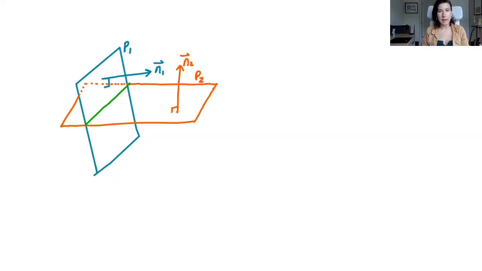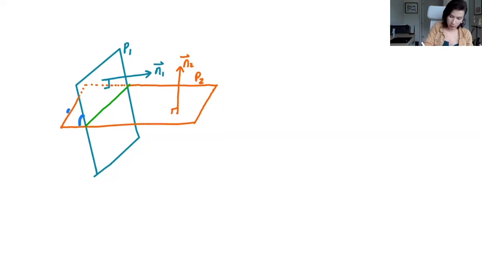I've gone ahead and made a separate board to try to label this out. So the angle between these two planes would be this angle, call it theta. In order to find theta, all we need to do is compare the normal vectors.